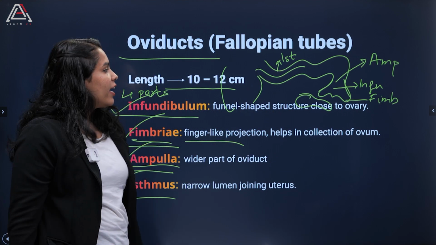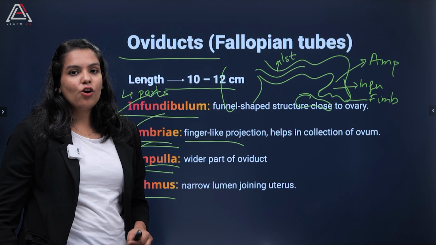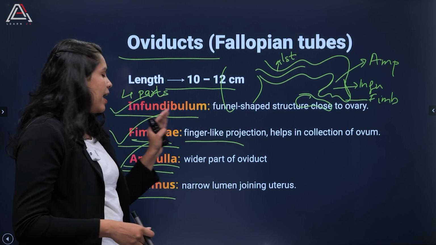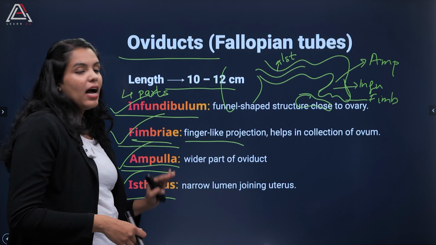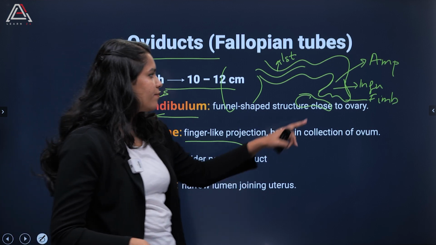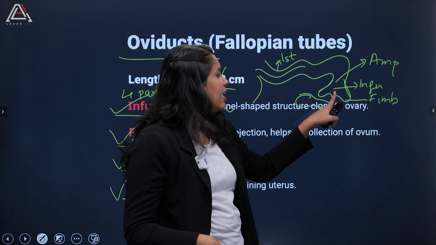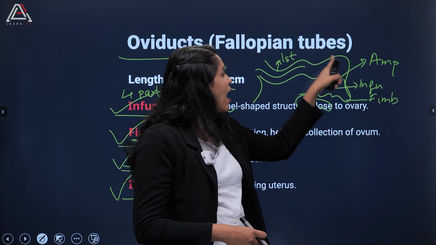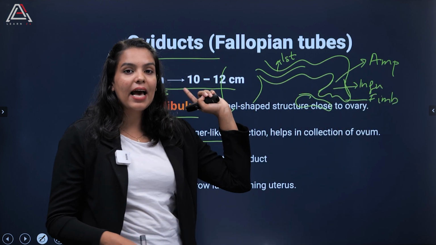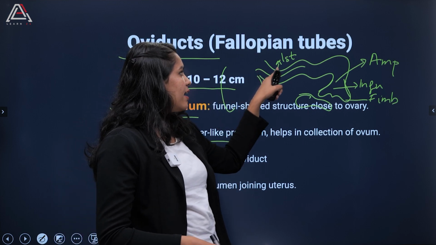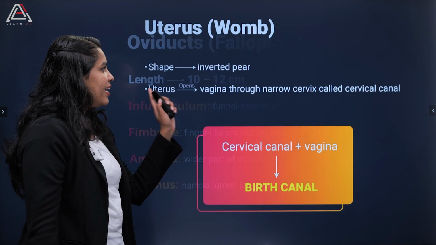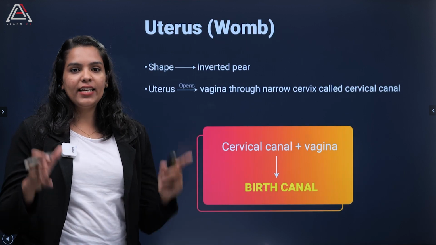So the oviduct consists of four parts: infundibulum, fimbriae, ampulla and isthmus. This finger-like structure is the fimbriae, then it moves through the infundibulum and reaches the ampulla, and then it goes through a narrow path, the isthmus, and reaches the uterus. So this was the entire oviduct.